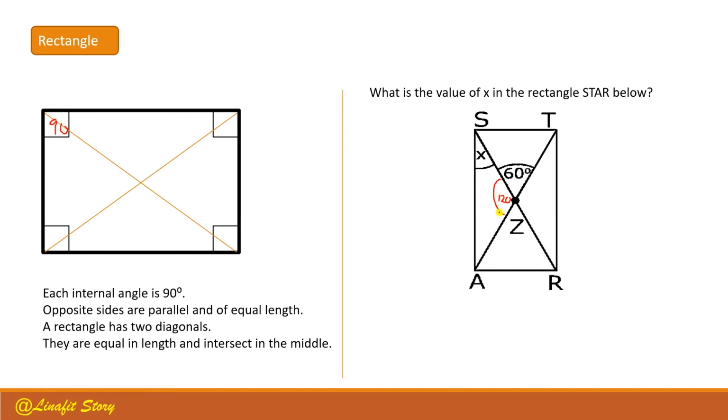Therefore, SV is equal to VA. So SVA is an isosceles triangle. So to get X is equal to 180 minus 120, divided by 2. 60 divided by 2 is equal to 30 degrees.